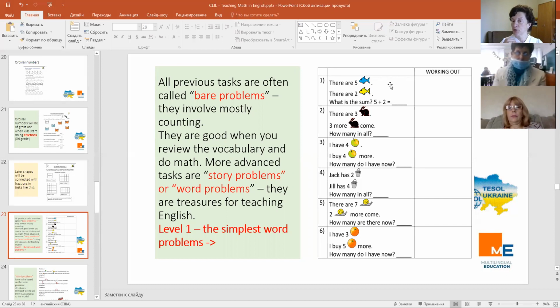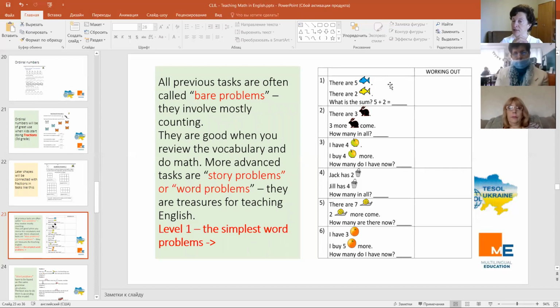The structures will be there are, what's the sum? Then another structure will be there are 3 bunnies, 3 more bunnies come, how many? Yeah? Another structure will be more and how many.